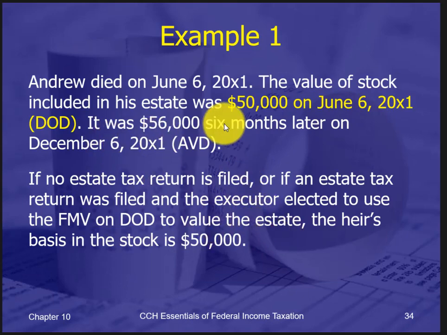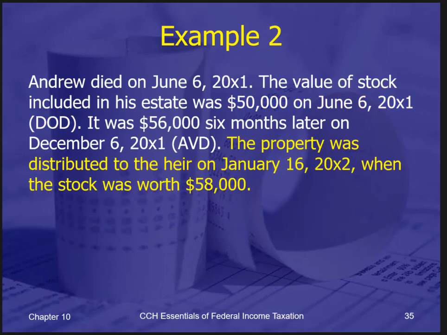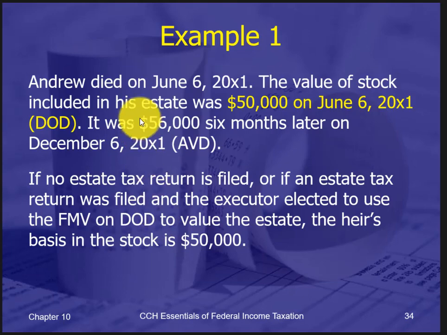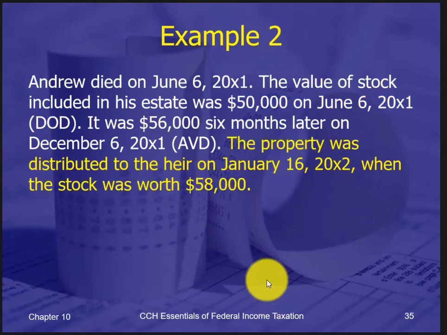If you file an estate tax return, you could then choose the 6 months later alternative valuation date. The third possibility is if you distribute the property in between those 2 dates, it's the fair value on that date of distribution.